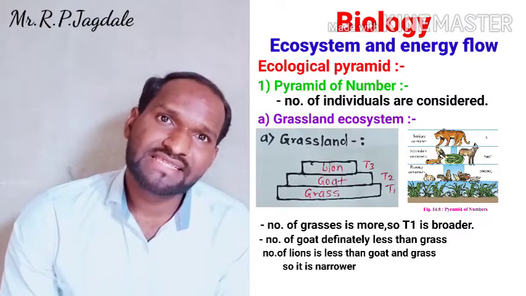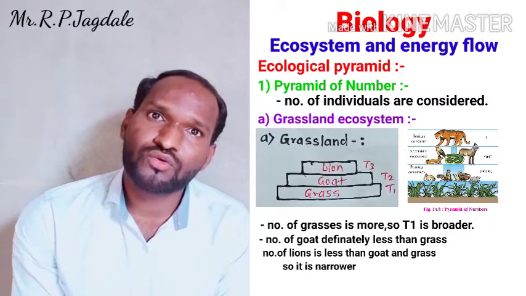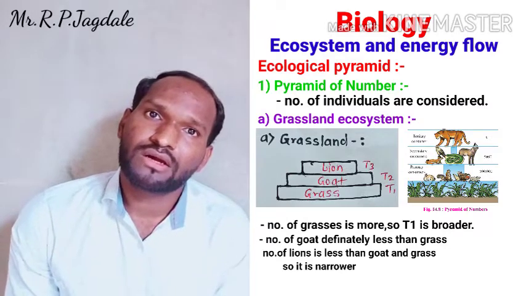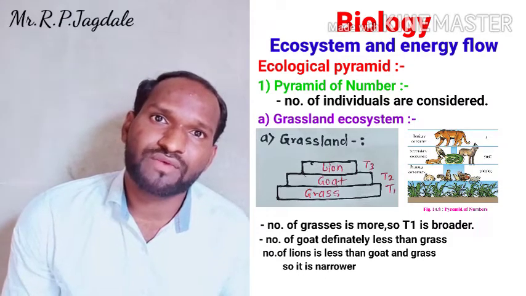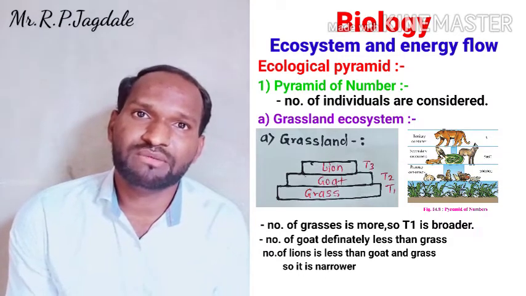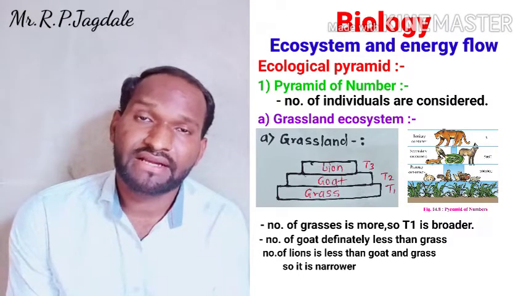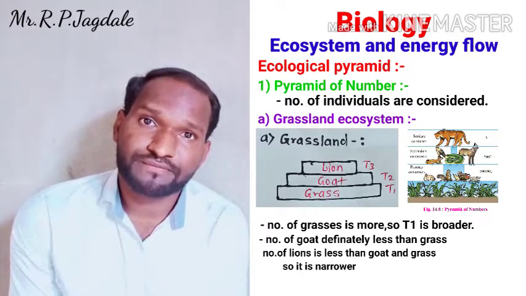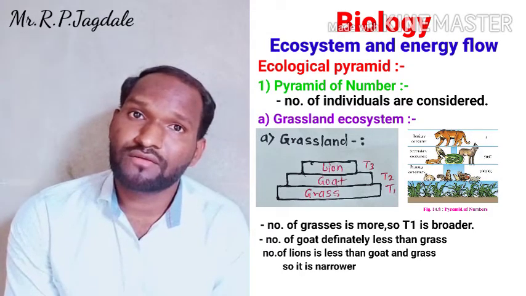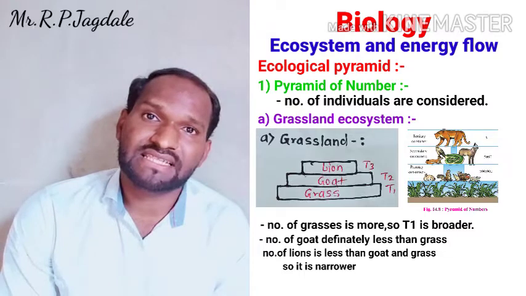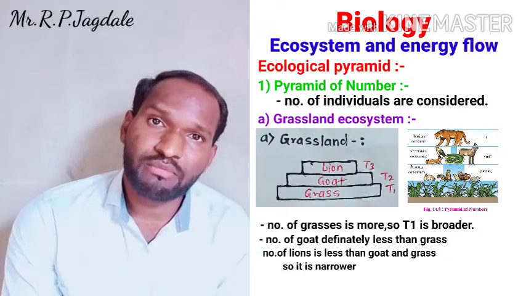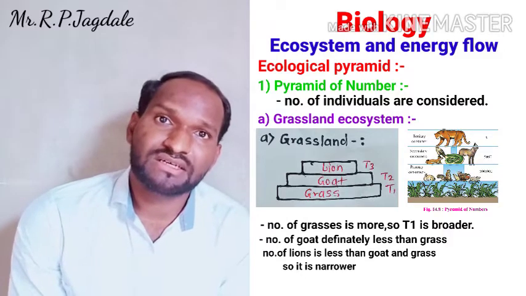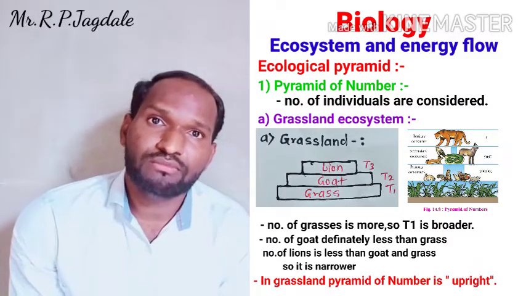So you can see from trophic level 1, 2 to 3 the number is going to reduce. At trophic level 1 the number is very big, at trophic level 2 it becomes smaller, and at trophic level 3 it becomes smaller still.